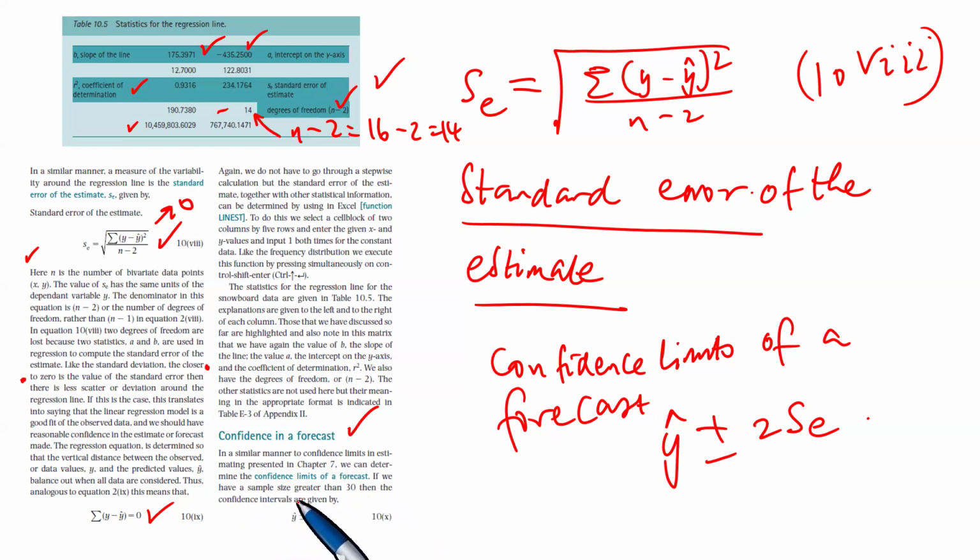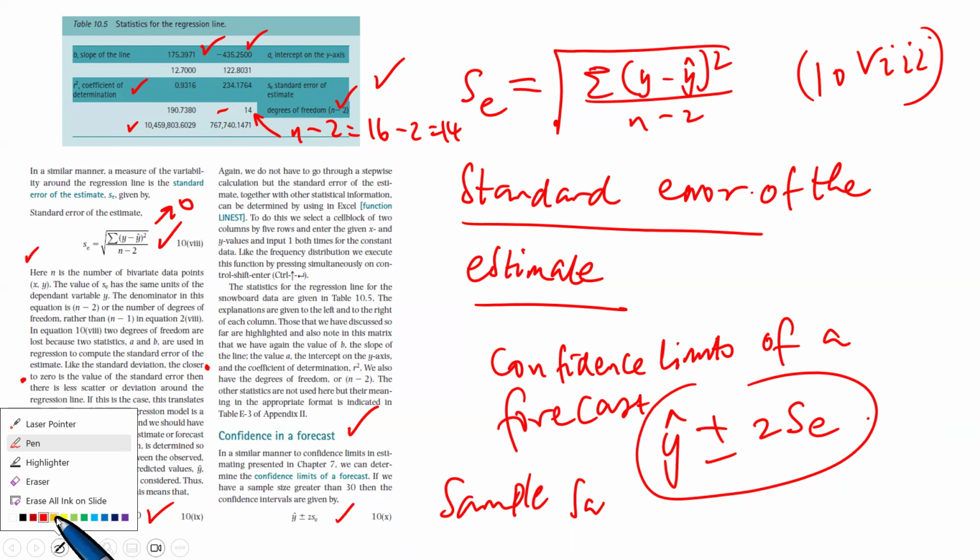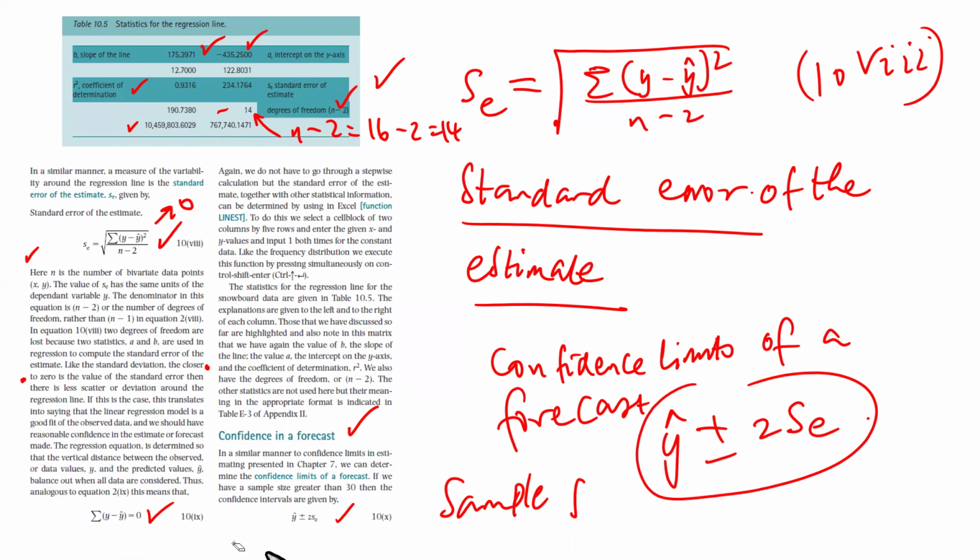If we have a sample size greater than 30, then the confidence intervals are given by these, where S is the standard error and this is the forecast, or the predicted value.